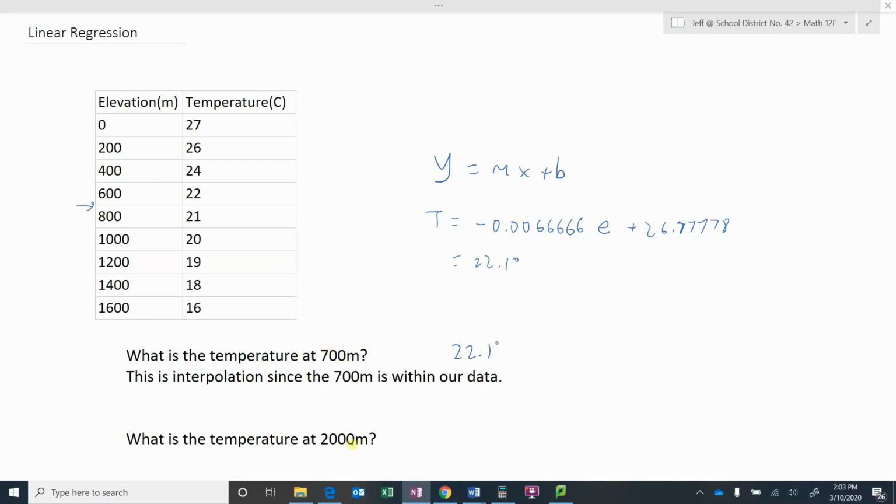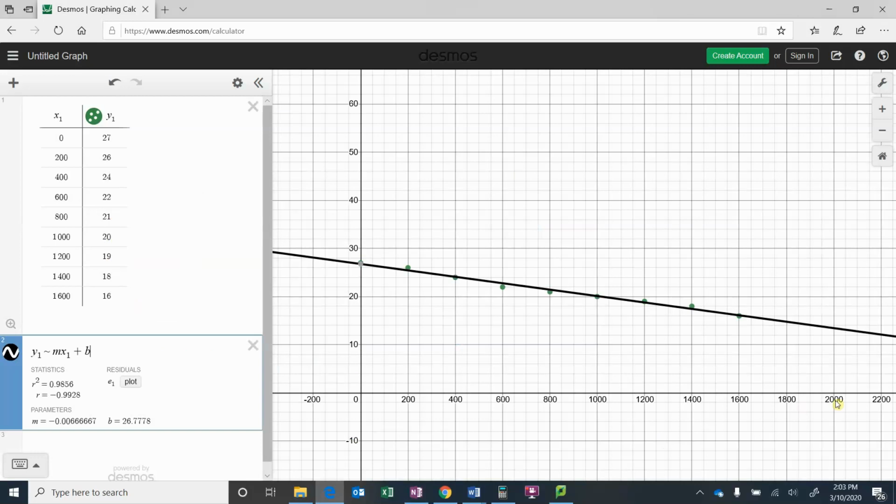So now the question says, what's the temperature at 2,000 meters? Well, 2,000 meters is outside of our table, and our points end at 1,600, but we can look on the graph and see that it looks like it's going to be just under 14 degrees, maybe.